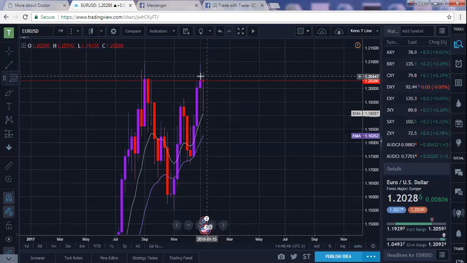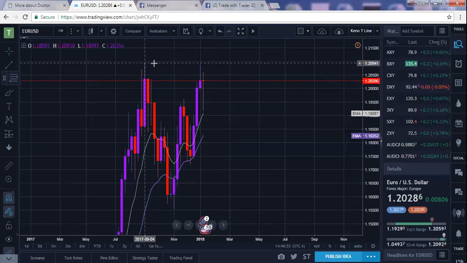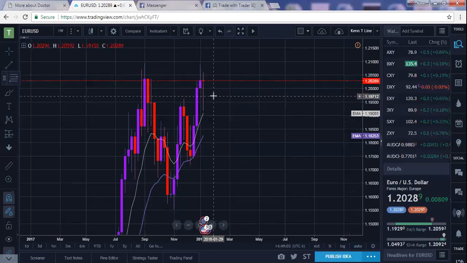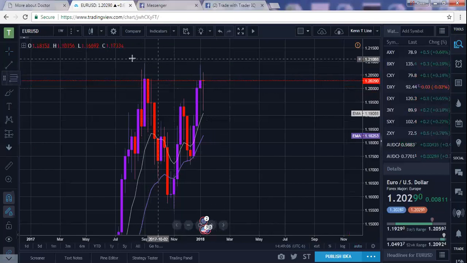It could go higher, but I'm anticipating them to take out this high here. We pretty much are dead even here. If it doesn't take this high out, you definitely expect another pullback at the end of this week and into Monday, and then we're going to see a move to go take this high out.